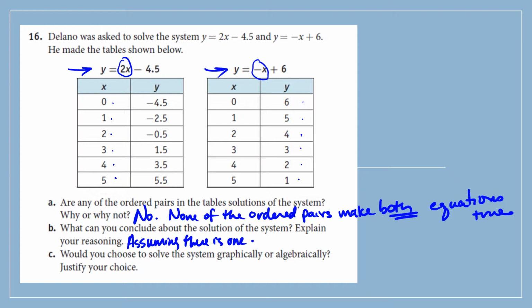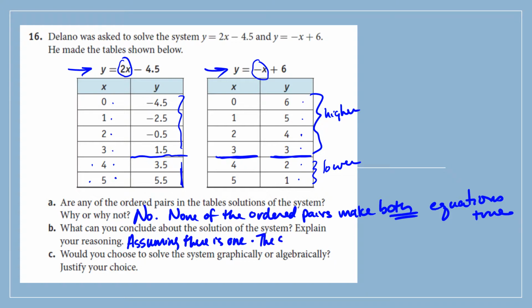And I noticed that from 0 up to 3, the outputs of this function on the right are all higher. And then once you passed 3, so for 4 and 5, these outputs were lower. So the lines must have crossed somewhere between the input of 3 and 4.